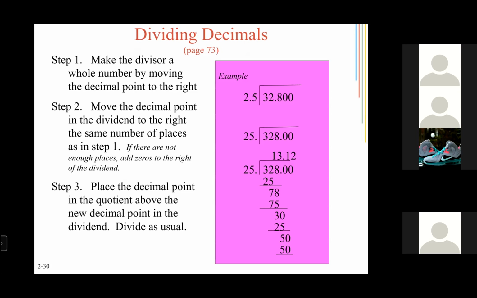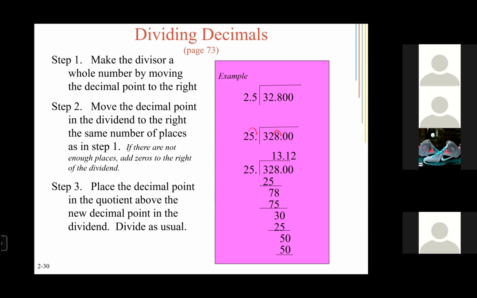But if you change the divisor into a whole number like 25, you have to be mindful that if you move the point to change that into a whole number, you have to do the same thing with the number you're dividing. So it was 2.5, they moved the point to make it 25. So you have to do the same thing. It was 32.8, so they moved the point one place to make the number 328. So now instead of doing 2.5 into 32.8, we are doing 25 into 328.